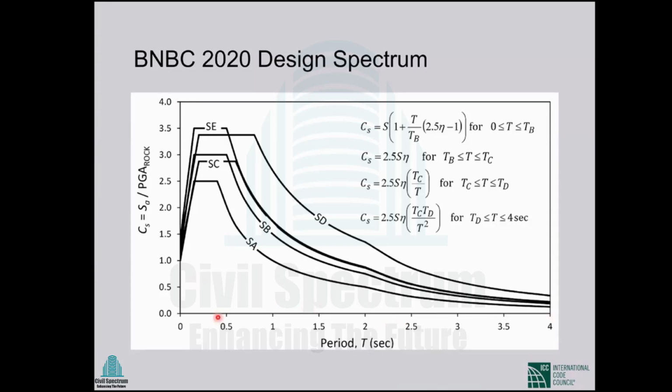So if we know the period of our building, and if we know the site class, then we can calculate the acceleration. Okay, so using this, and this multiplied by the PGA rock, that is another thing.